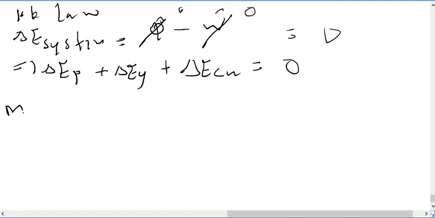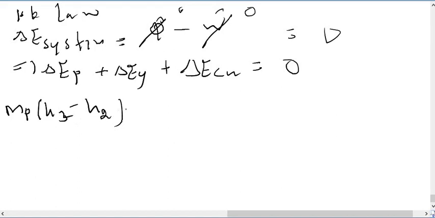So we have mass of the piston into H3 minus H2, as we did in the previous one I solved. No internal energy in the piston, no kinetic energy, we only have potential energy. That's why we have this term.